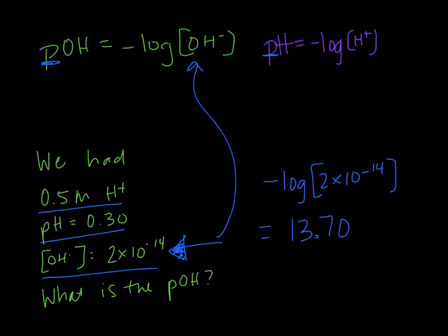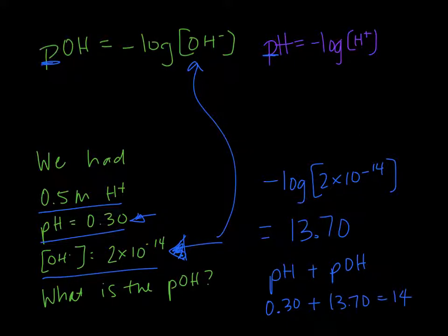Now this is interesting because if you remember the pH scale that we looked at on the very first slide went from 0 to 14. And if we add the pH plus the pOH together, so the pH was 0.3, right here, and the pOH we just found to be 13.7, it gives you 14.